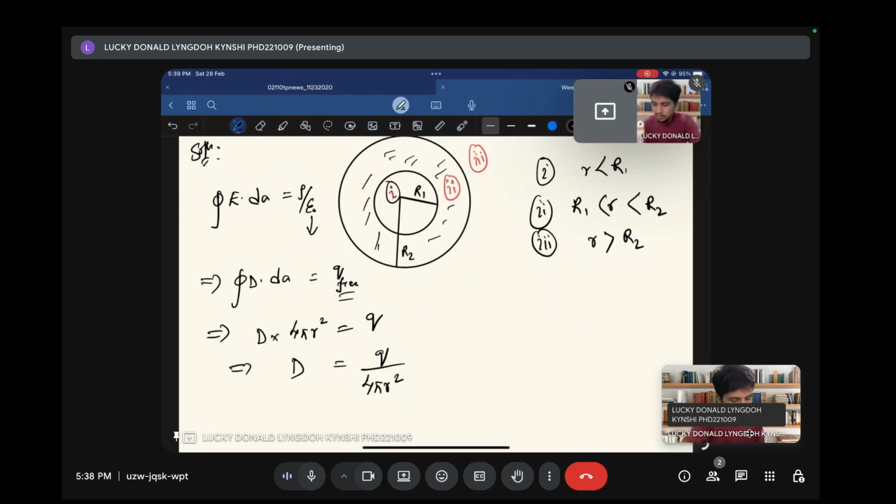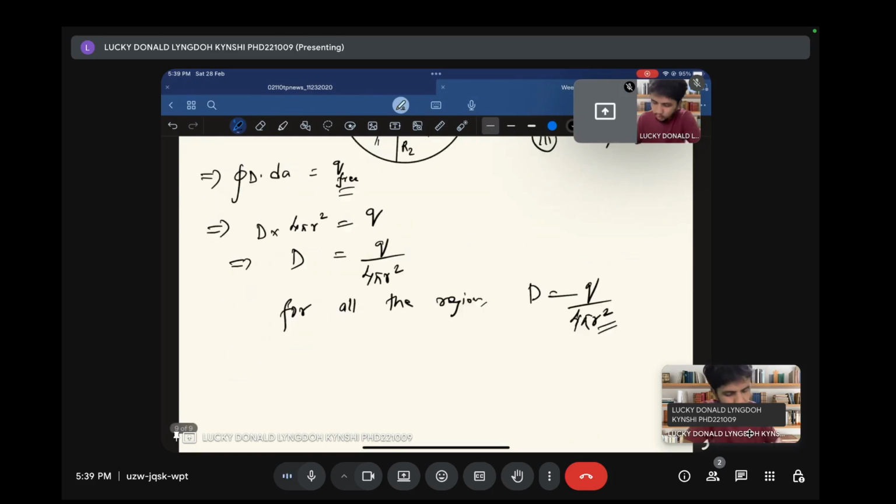This is the same for all the regions. For all the regions D is equal to q divided by 4 pi r square, so the electric displacement vector is the same everywhere. It depends upon r square, but it changes when you calculate the electric field.